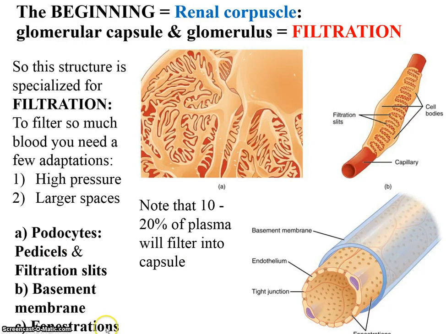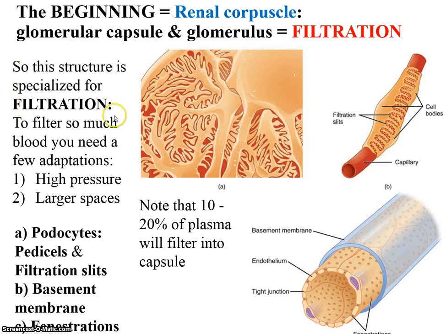All right, so I say here again something special, and I want you guys to know this about the blood vessels here, the glomeruli: they are fenestrated. They have holes, and that's what they're representing here. It looks like somebody took a fork and poked holes in it. It's to allow large molecules out. So we want to get as much stuff out of the blood as we can here, all right?